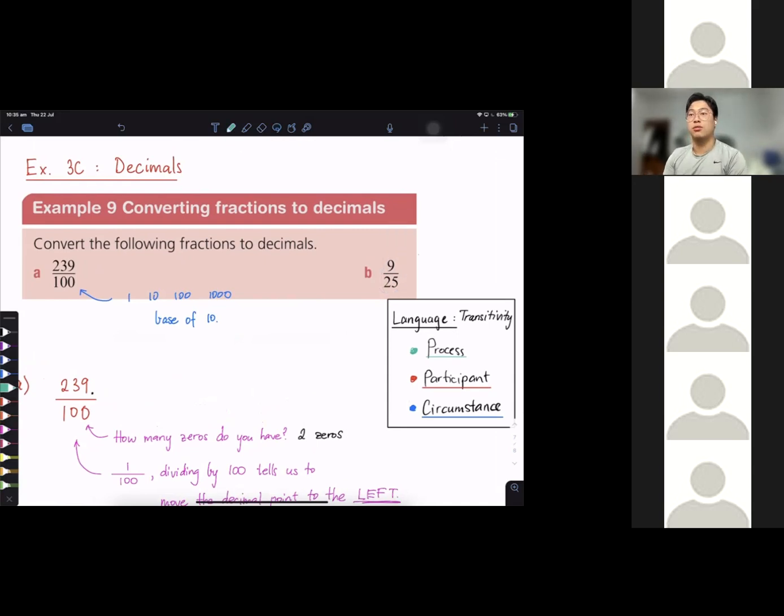What's the process? Once again, we need to convert the following fractions to decimal. Yep, and that following fraction is 9 over 25. And how do we want to do it? We want to change it to a decimal. That's the circumstance there.